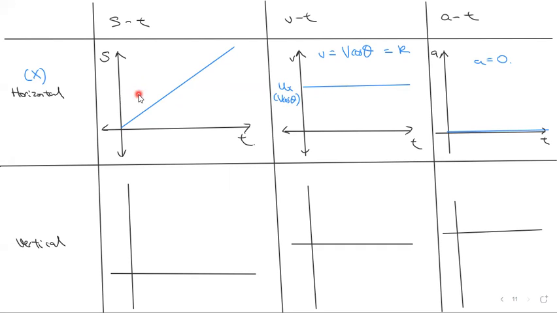And over here, we're saying that s equals v cos theta times t. Or in other words, this is a constant times t, which is why that is just a straight line passing through the origin. And not only that, but we know that the gradient is v cos theta, which is the velocity.